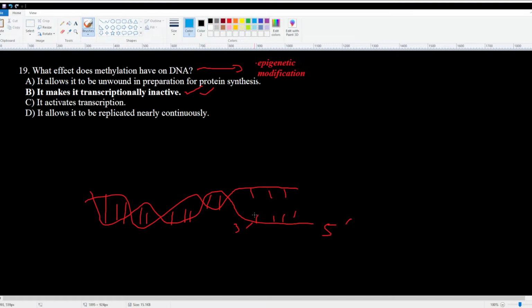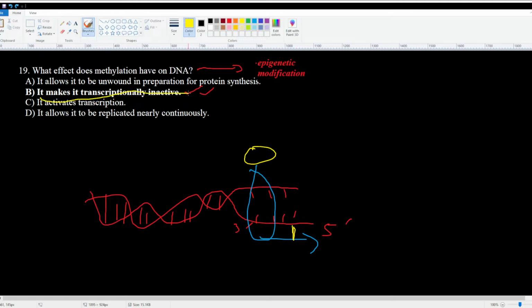Then we have the RNA polymerase binding to the whole thing, and then we're reading it this way. Well, if we have methylated DNA, essentially what that means is here on the outside, we have this sort of like flag. So once we get to this point, we can no longer pass. RNA polymerase can no longer pass this point because it's acting essentially like a roadblock. That's what DNA methylation does.